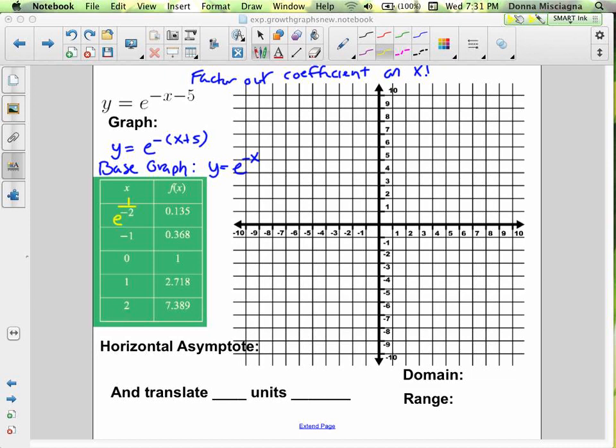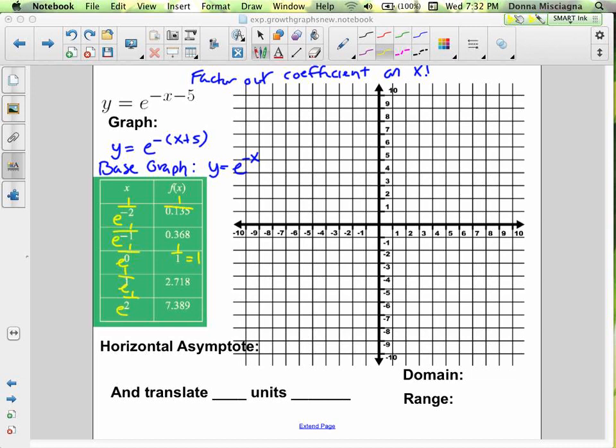That would be 1 divided by, and that would be the same for all of these. So I'm just going to write that in. I think I'll do that one first. 1. And then 1 divided by e to the first, and 1 divided by e squared.